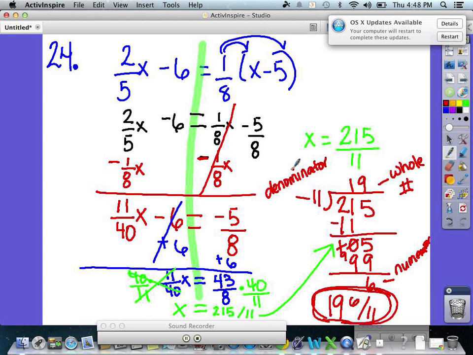So either 19 and 6 over 11, or you could have said 215 over 11. So either answer, this circle will be fine with me.